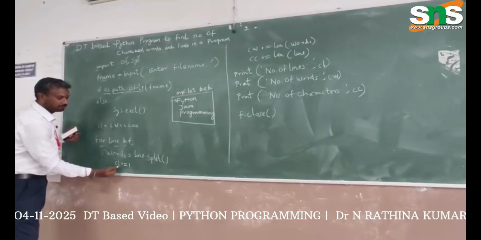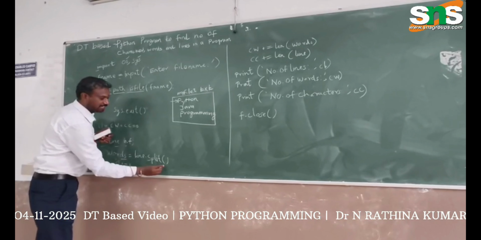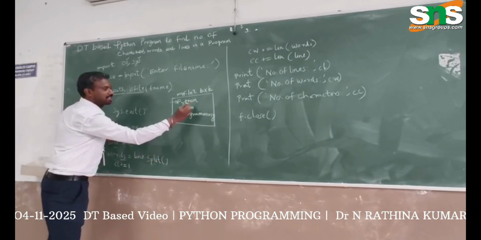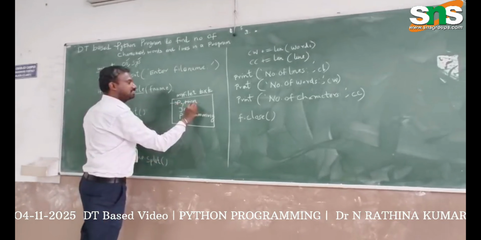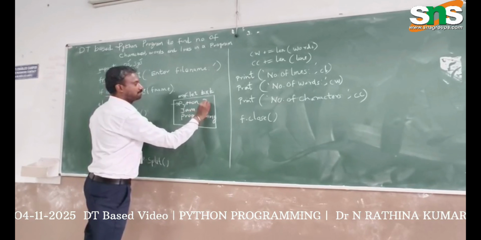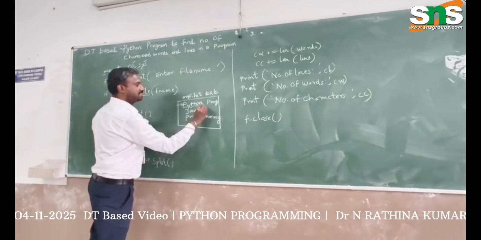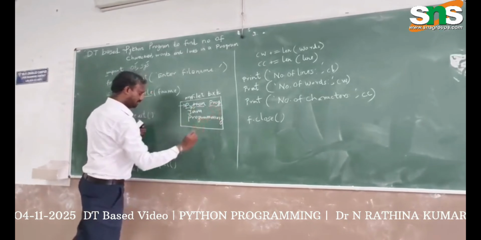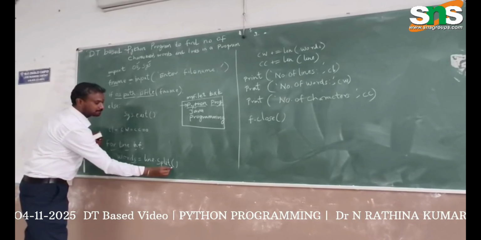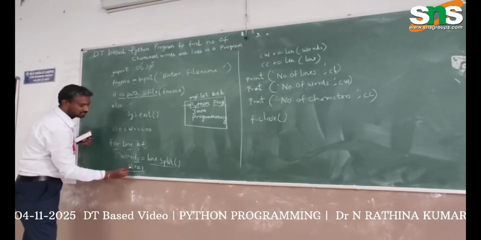Then after that, this particular line is used. If any line contains more than one word, for example here "Python program", we need to split this single line into 2 words. That is the use of this particular line. After that, it adds one.